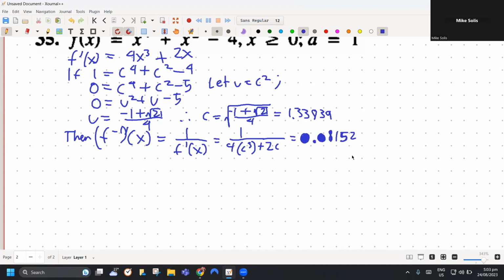So 12 something. 1 divided by the answer: 0.08152.